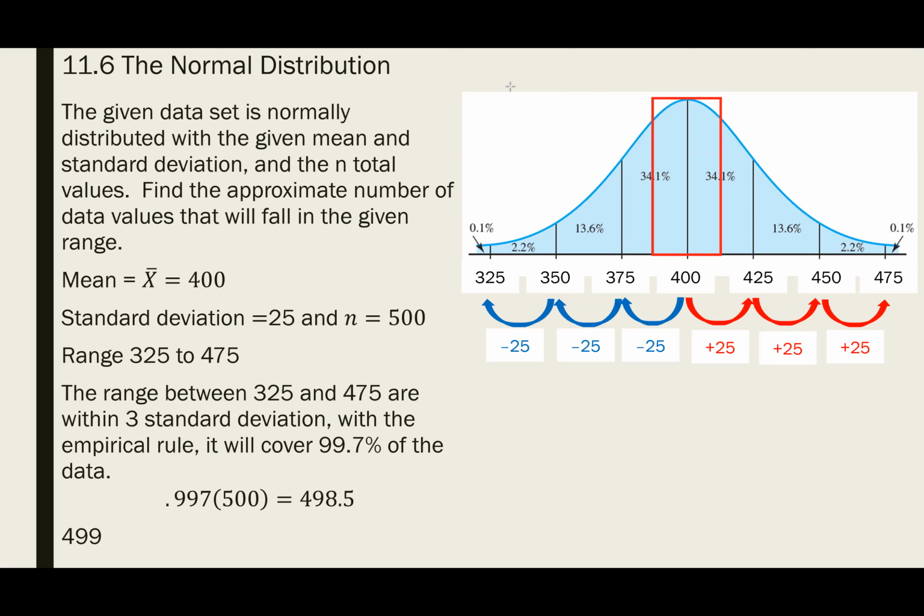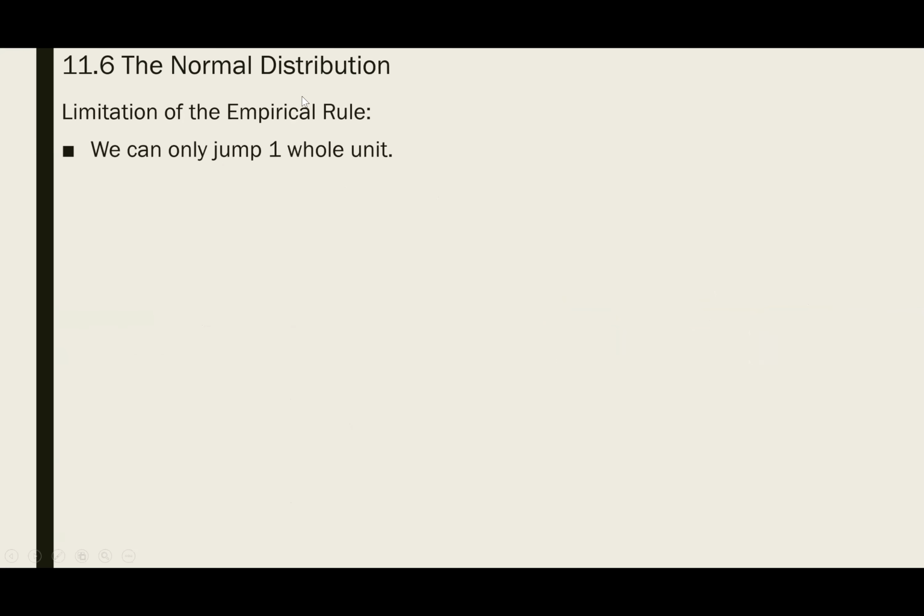So there is a small limitation with the empirical rule. It can only jump one step above, one step below, two steps above, two steps below, three steps above, three steps below. We cannot calculate half of a step.